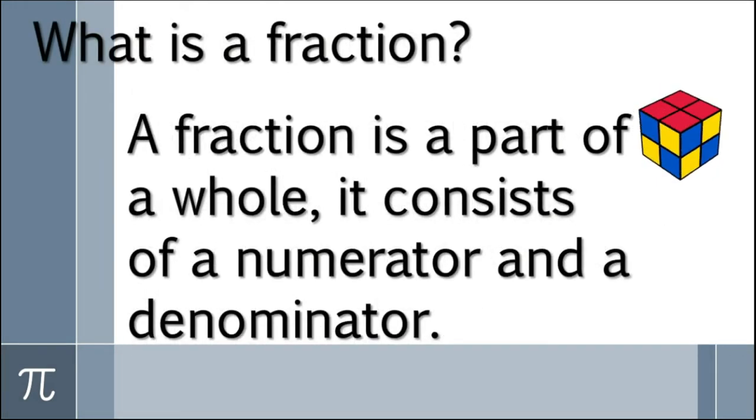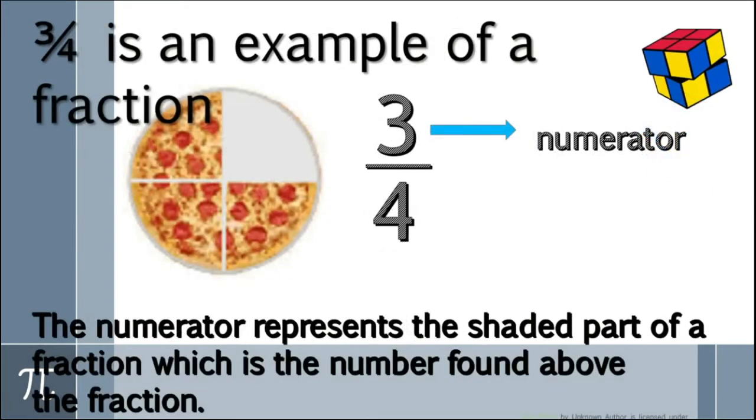What is a fraction? A fraction is a part of a whole. It consists of a numerator and a denominator. Three-fourths is an example of a fraction. The numerator represents the shaded part of a fraction, which is the number found above the fraction.